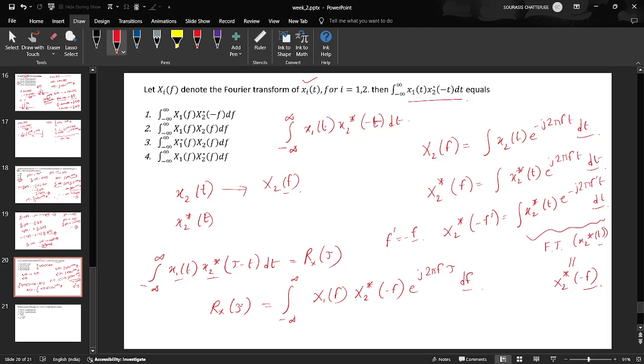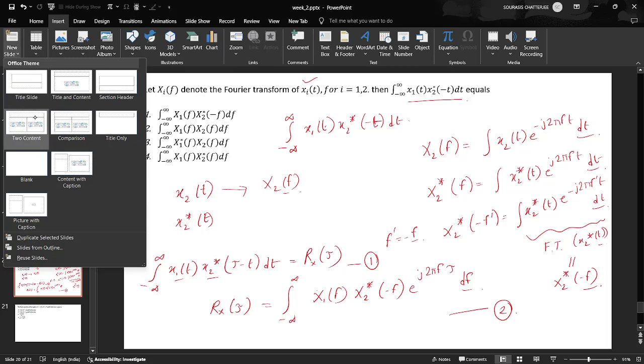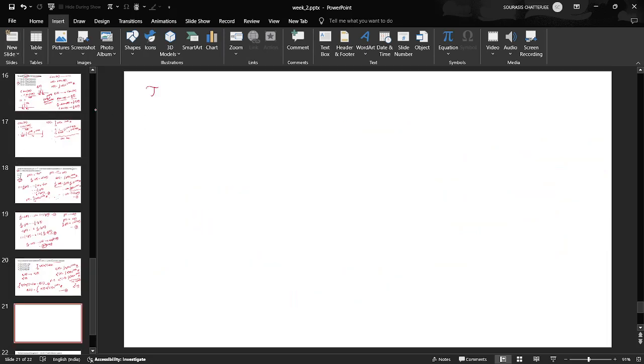Now let's say this is equation 1 and this one is equation 2. What I am doing is setting tau equal to 0.